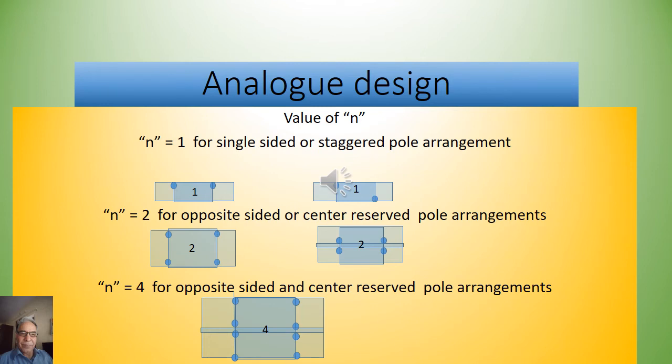The value of n is 1 for a single-sided staggered pole arrangement as shown in this figure below. n, that is the effective number of lanterns, is 2 for opposite-sided or central isopole arrangement as shown in the following figure. And n equals 4 for opposite-sided and central isopole arrangement.